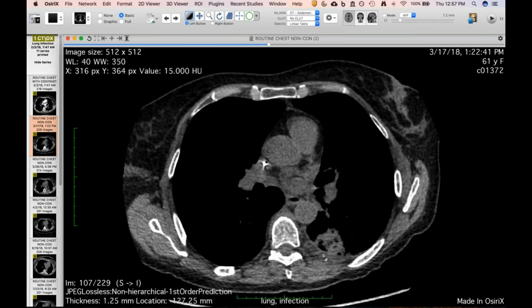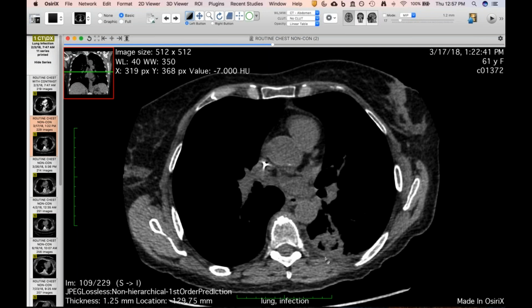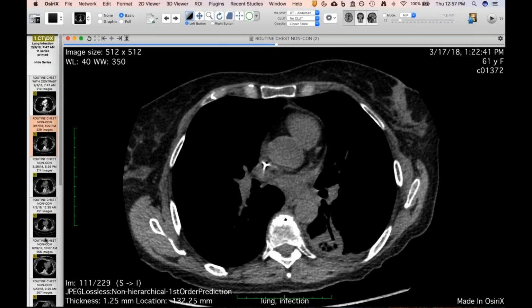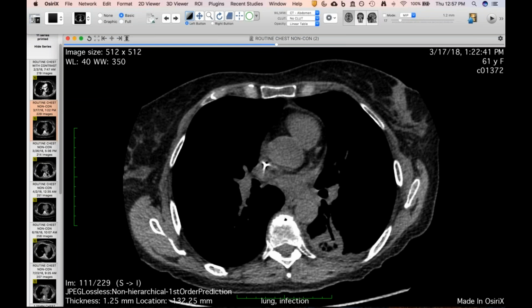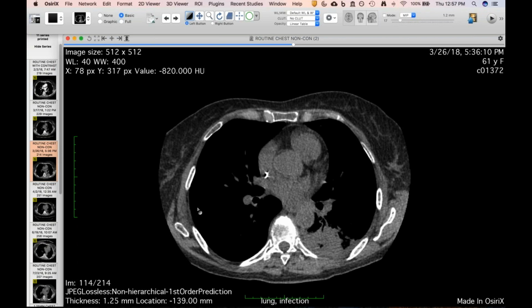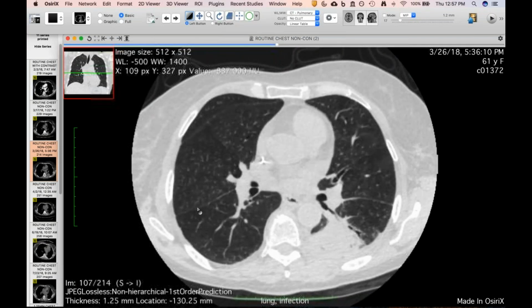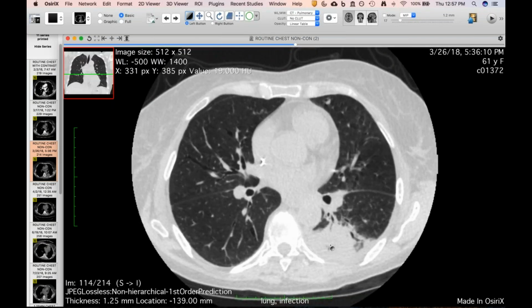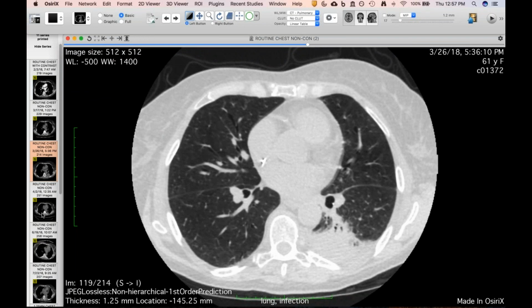With a more discrete appearance like this, it almost looks like it's got that peripheral higher attenuation like an infarct. We thought maybe something like mucor. They actually did a bronch, and they grew out some rhizopus species, which I guess is a zygomycete. It didn't get better over the course of a few different studies. And you can see this was a few days later.